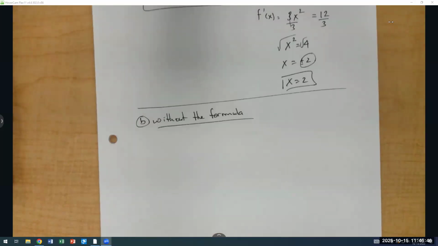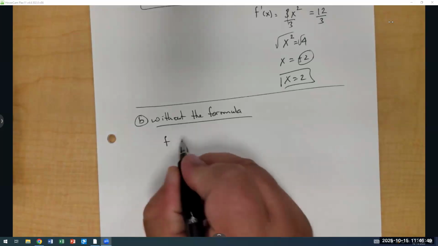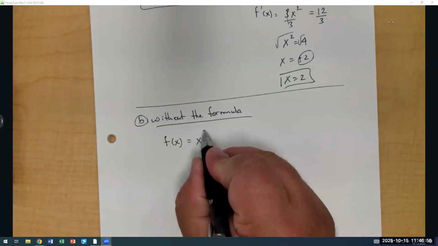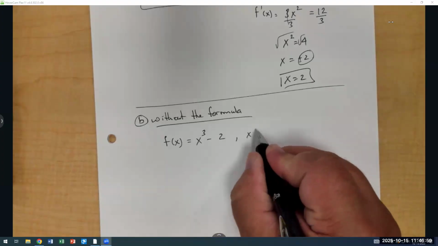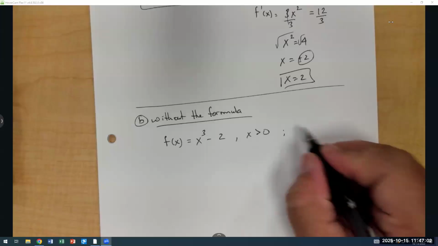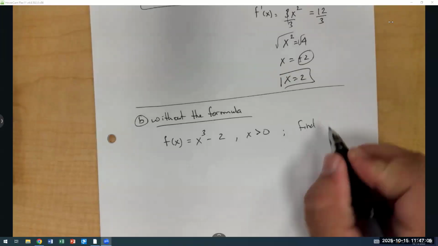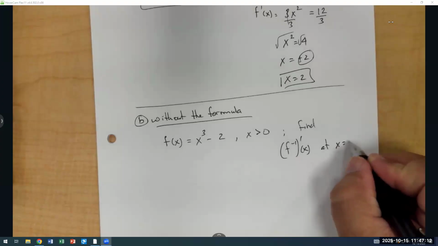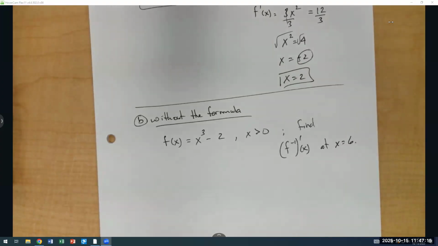Without the formula, and this method is going to upset you even more because it's much faster.